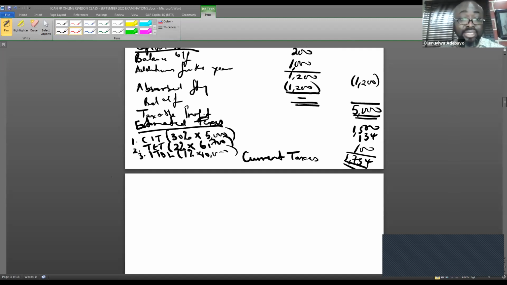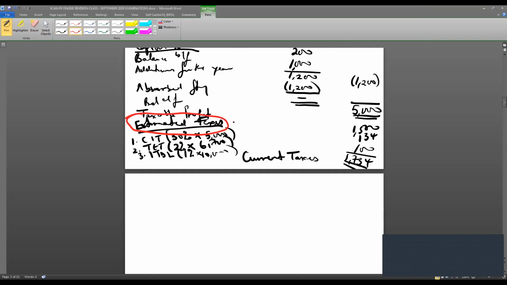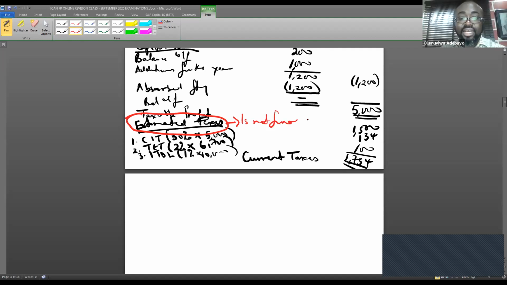Okay, but take note, I still emphasize that it is an estimated tax. Because why is it estimated? It's not final and conclusive. Remember, it is only final and conclusive if it is deemed so by the relevant tax authority, even though you might challenge it, and there's always a source of remedy, whether through tribunal or through court, if you dispute it.